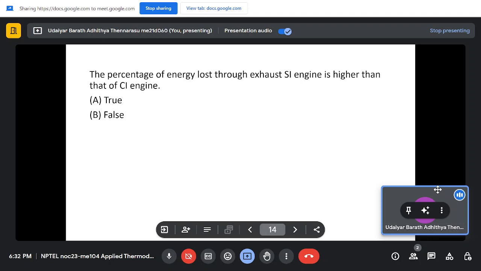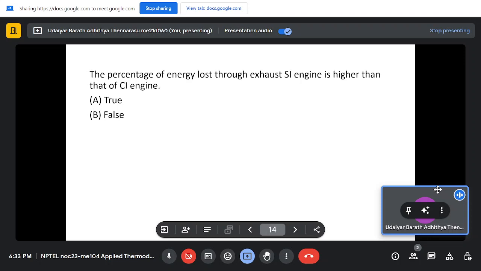So the products of combustion are there, and if the combustion is not fully done, some initial fuel will also be present. These are the exhaust which is removed. So does this exhaust have higher energy in an SI engine or a CI engine? That's the question, the percentage of energy lost. The percentage of energy lost in an SI engine is more compared to a CI engine. So the statement is true.